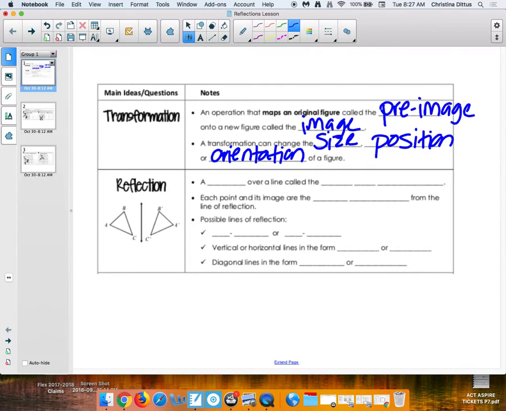No. Did we flip it at all? No, we just changed the position. This is like a slide, the translation that we did yesterday. A flip is what a reflection is. We flip it over a line called the line of reflection.